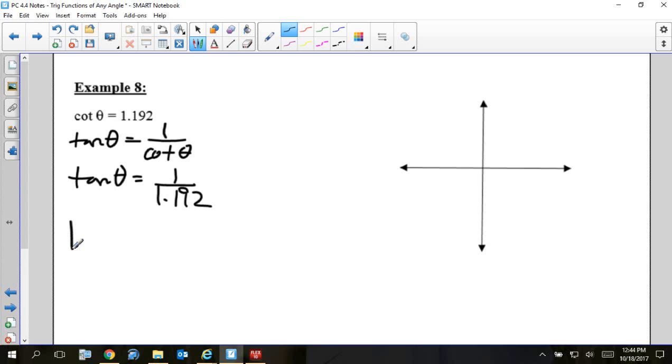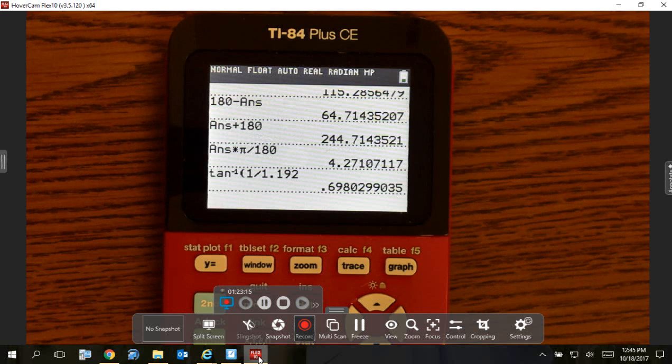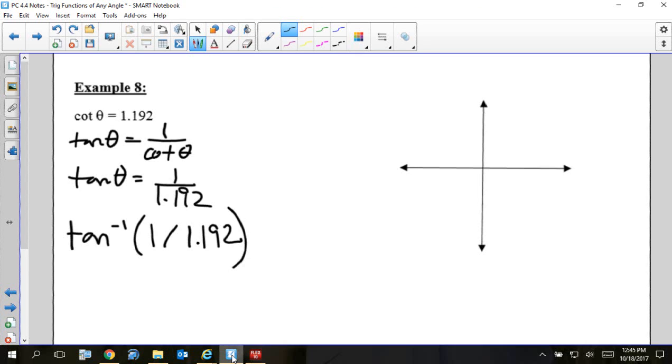Second tangent 1 over 1.1. Excellent, excellent. So second tangent, 1 divided by 1.192. And since I'm in radian mode, I'm getting my radian answer as approximately 0.7. That's radian.